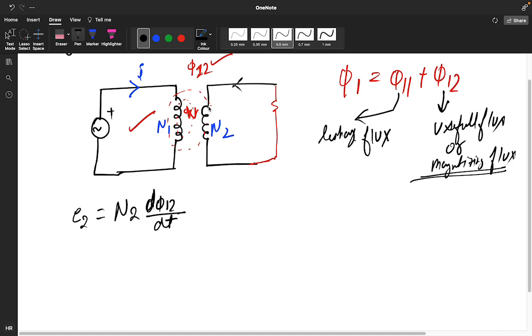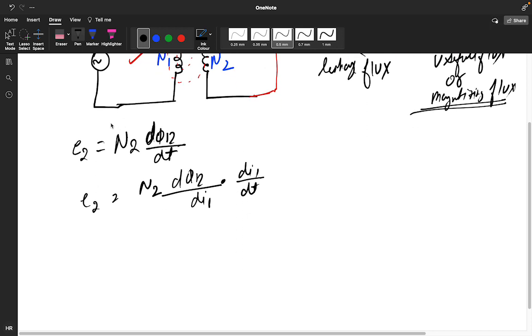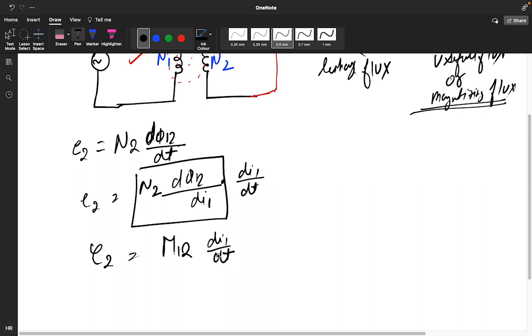Phi 12 is the useful flux created by loop 1, and we can write E2 equals N2 d phi 12 by di1 into di1 by dt. So N2 into d phi 12 by di1 can be represented as M12, giving M12 into di1 by dt.